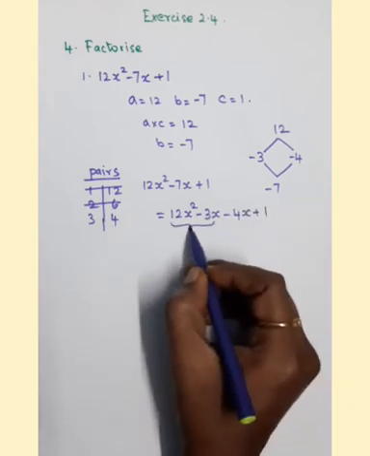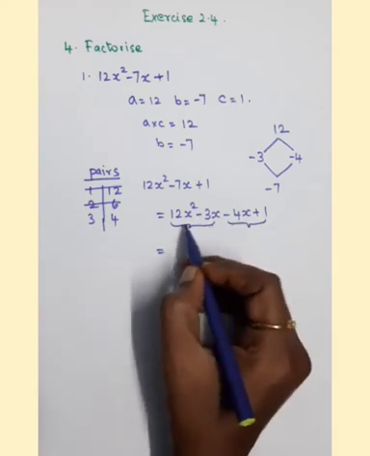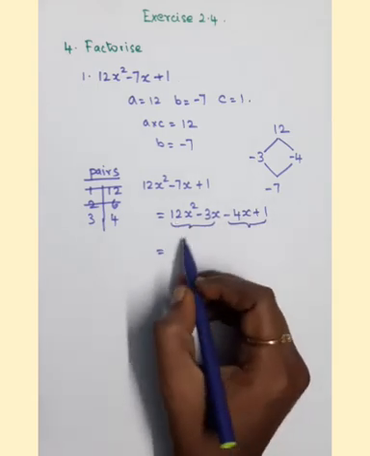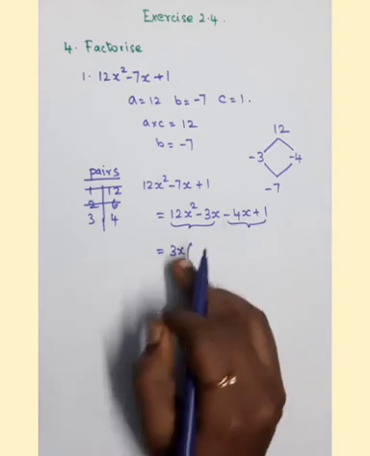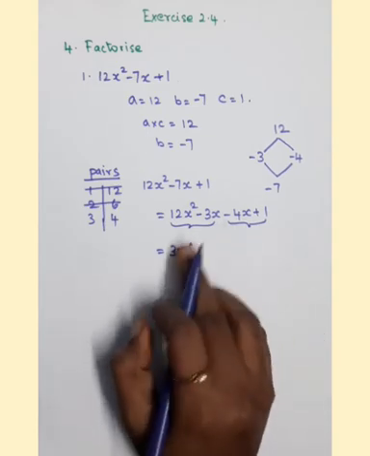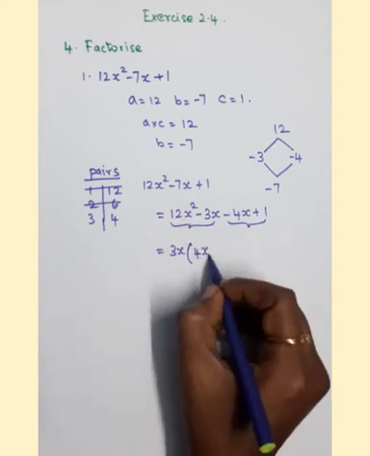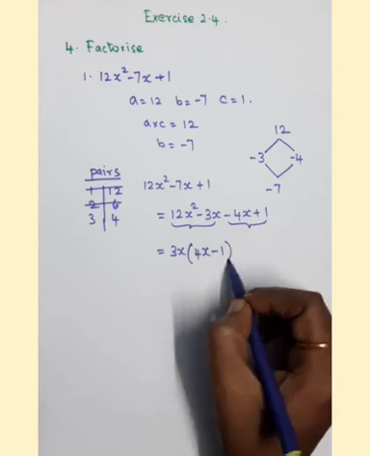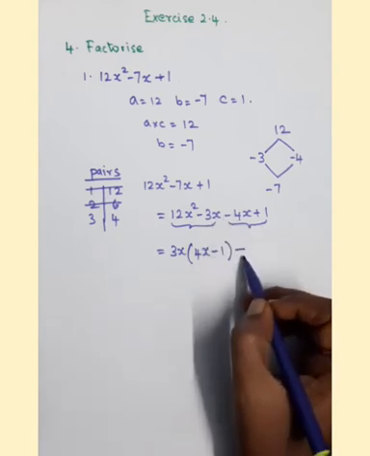Now the first two terms and the last two terms we are going to group. In the first two terms we have 3 as common, so I am taking 3x as common. I can write this as 3x into 4x, which will give you 12x squared, so I am writing 4x here. 3x into minus 1 will give you minus 3x, so I am writing the minus sign here.